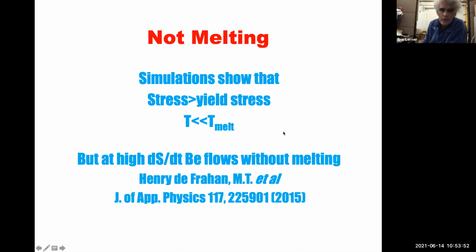Well, we looked at simulations, and the simulation showed very clearly that the stress expected on the beryllium would greatly exceed the yield stress at temperatures much less than the melting temperature. So we would expect a cracked surface, not a rippled surface.